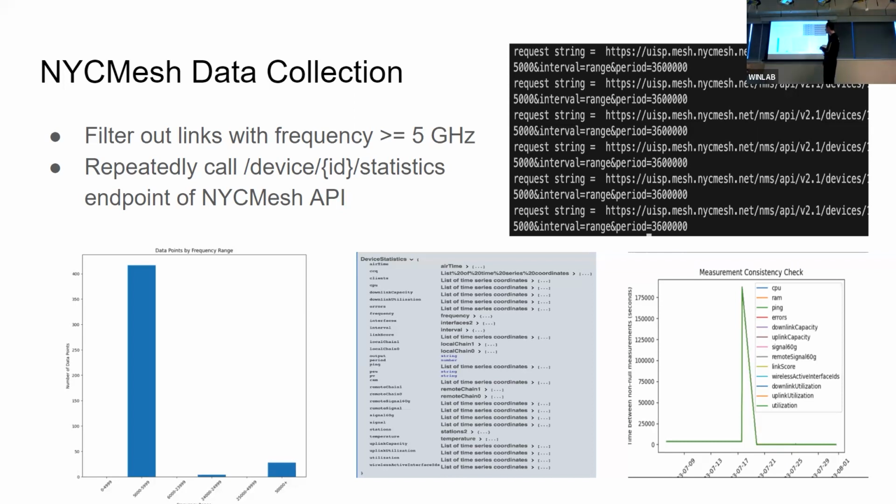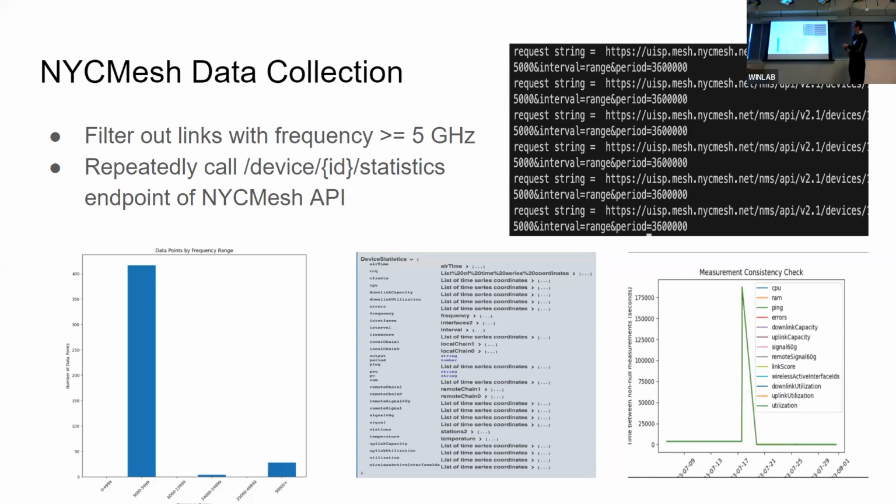Here we see the API for NYCMesh, with statistics for a radio device. Specifically, the ones I wanted to analyze are signal 60G and uplink capacity, because these are the ones in the literature that are most directly affected by rain and other weather patterns.